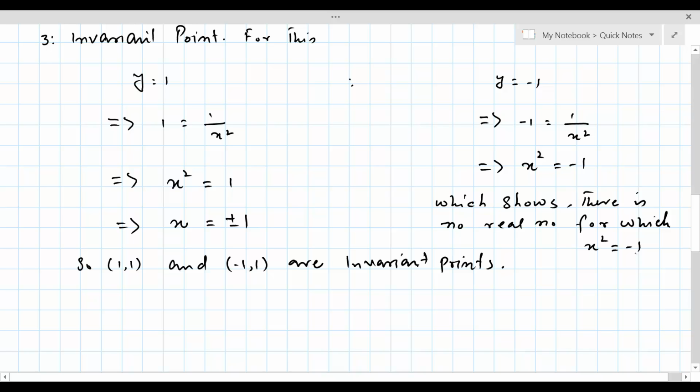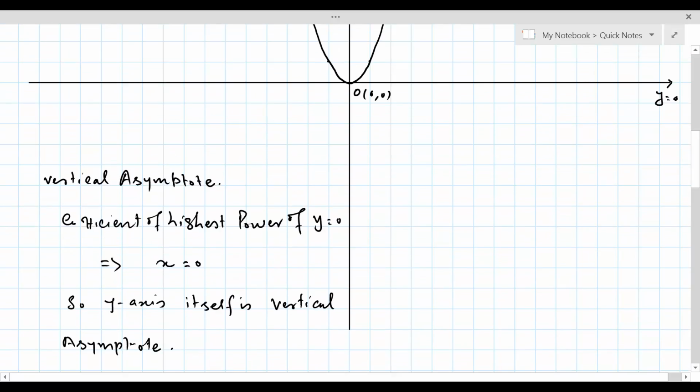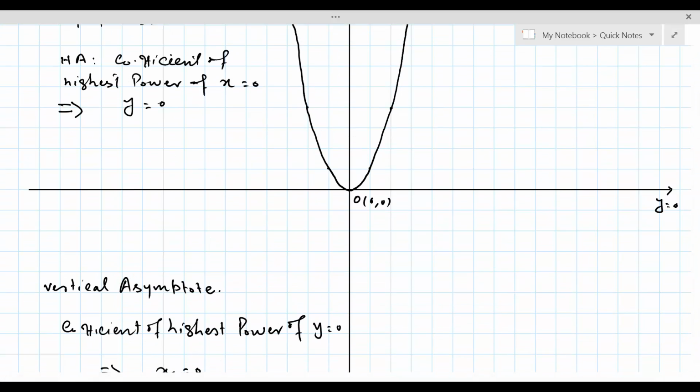So there is no invariant point against y is equal to minus 1. So let's plot these points on the grid. This is one invariant point, 1, 1, and this is the other, minus 1, 1.